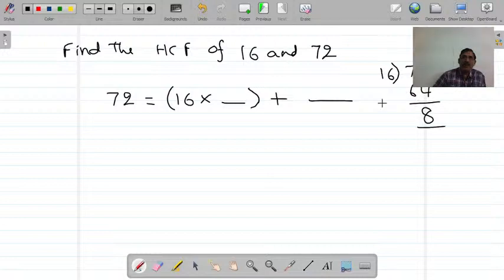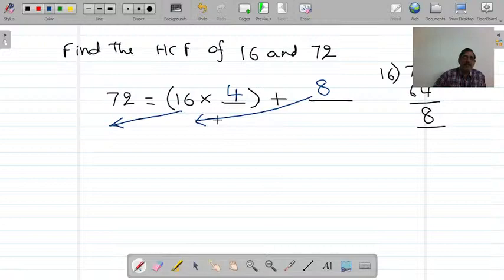So here you can write 16 into 4 plus 8, that is 64 plus 8. Then what to do? We have to take this 16 here and this 8 here.